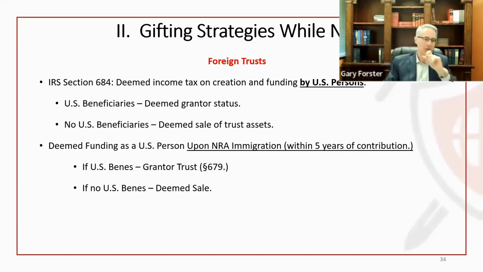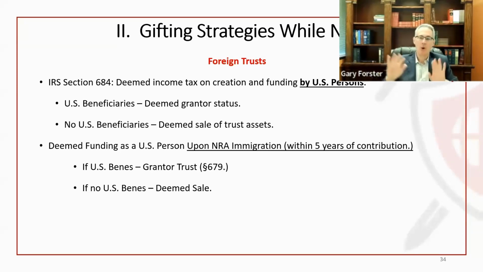But you run head first into 684. So if you can wait 5 years after forming your foreign trust and funding it to become a U.S. income tax resident, if you can wait, you're free and clear. This deemed sale under 684 is an income tax.